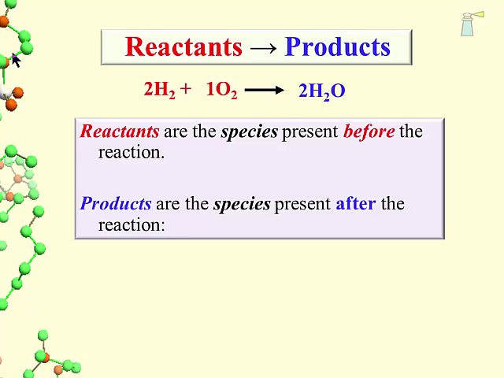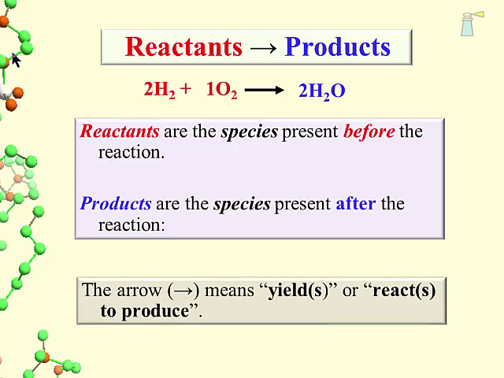Products make sense as a term for what comes out of a reaction. The arrow means yields or reacts to produce. It is sometimes replaced with a double-headed arrow or 2 opposing arrows. These 2 latter arrow types communicate that the reaction goes in both directions. More on that later in the course.